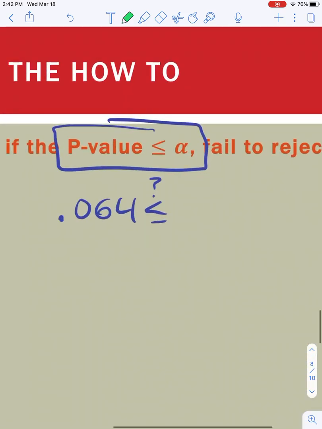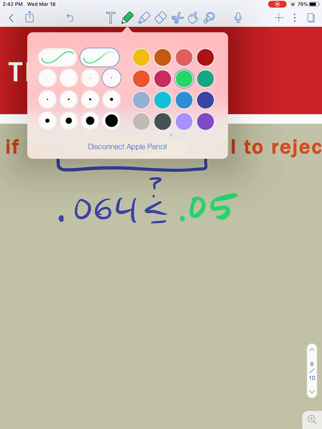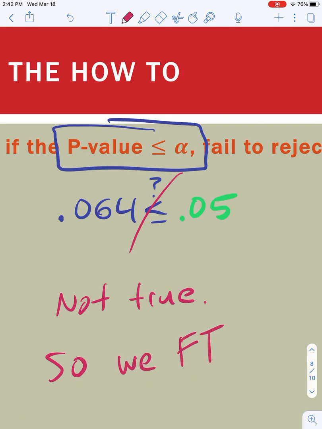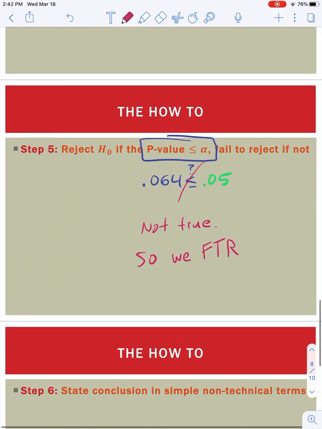The 0.05 significance level is what we call that. So is this true? Well, the answer is no. Not true. So we fail to reject, and we can write that as FTR. We fail to reject the null hypothesis.